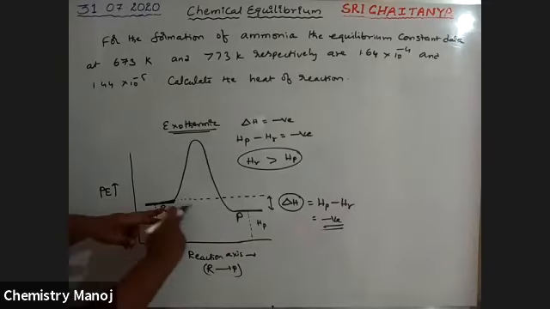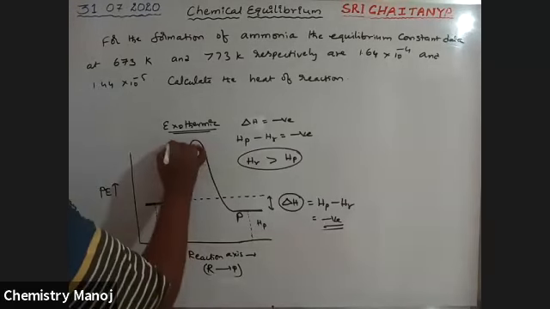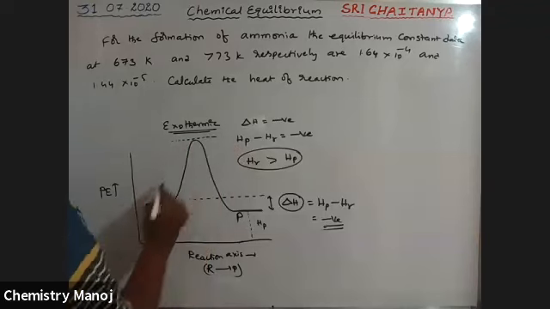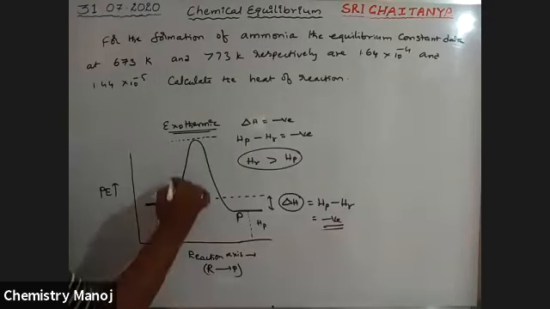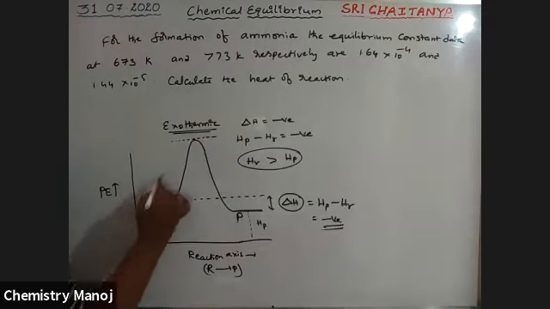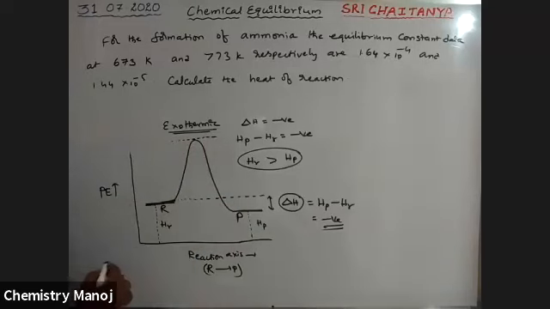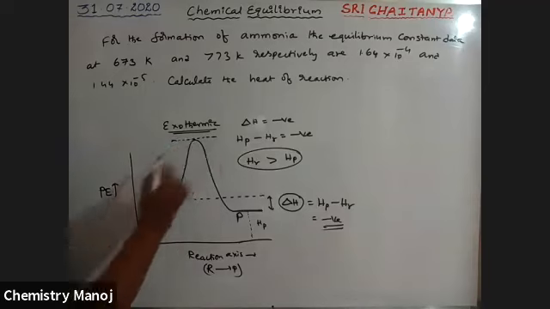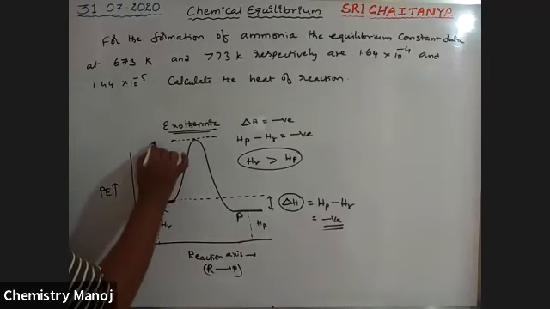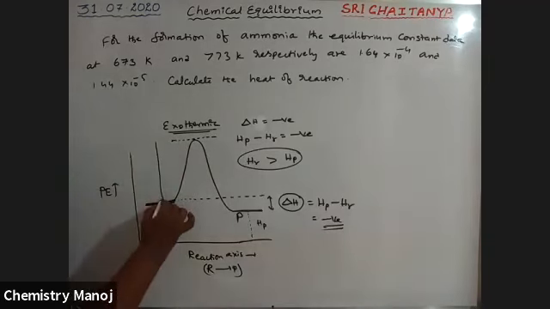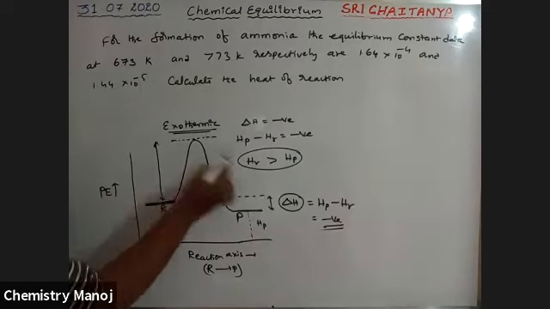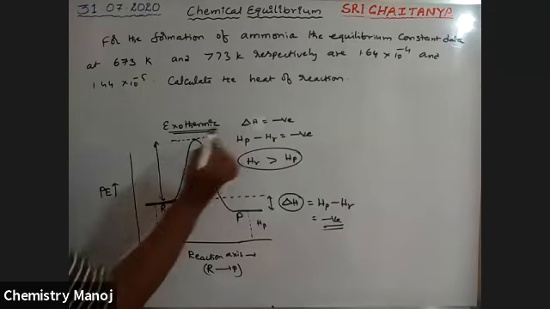These reactants convert into these products by crossing this energy barrier. Having a certain minimum energy, only then are products formed. Reactants already have some energy, but not equal to the required energy. So reactants absorb some additional energy to reach this energy barrier.